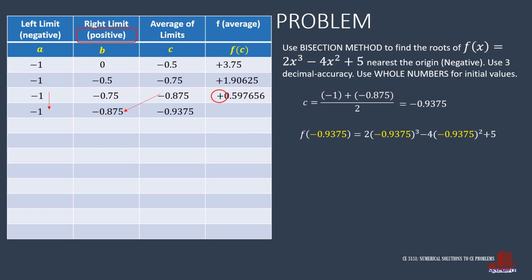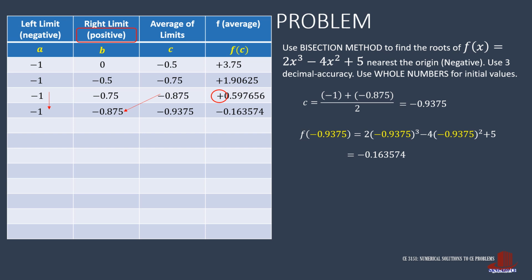Thus we have twice of negative 0.9375 cubed minus 4 times of negative 0.9375 squared plus 5. The y-coordinate when x is at negative 0.9375 is at negative 0.163574.